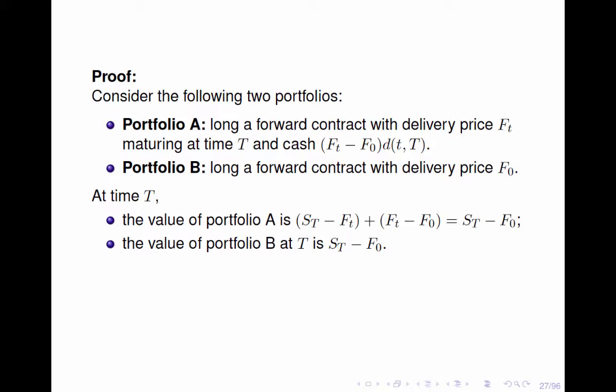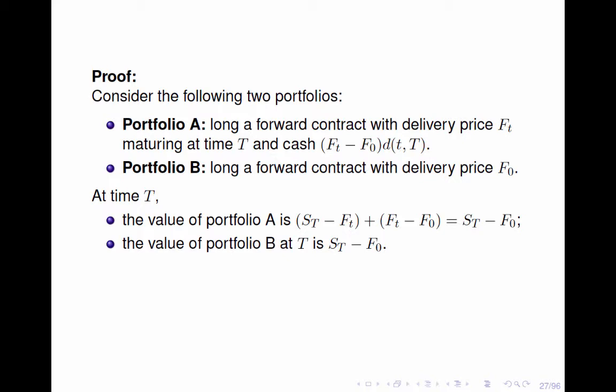The value of the forward contract with delivery price Ft is ST − Ft, and the value of the cash amount grows to Ft − F0. Adding the two together, we get ST − F0.